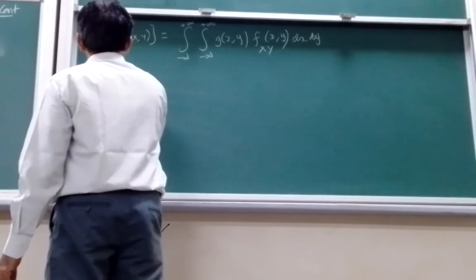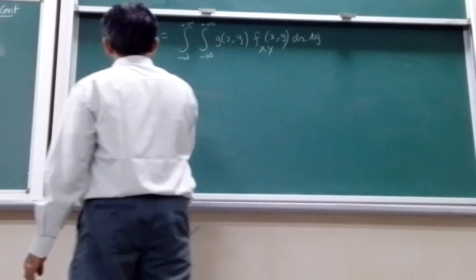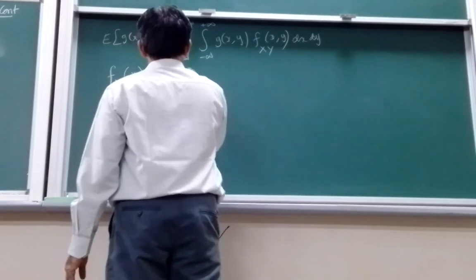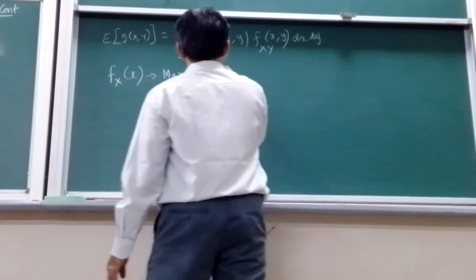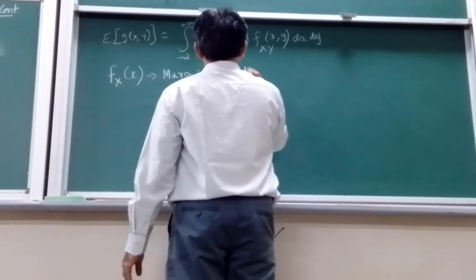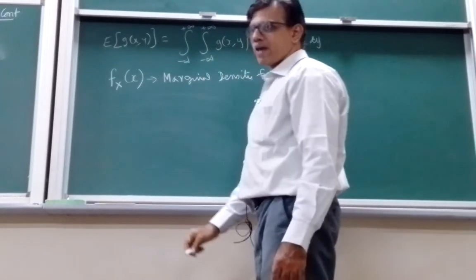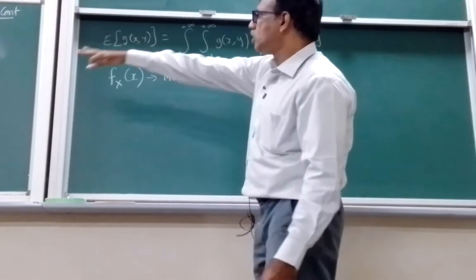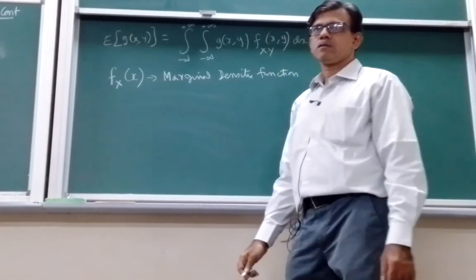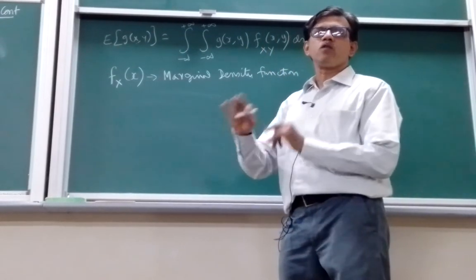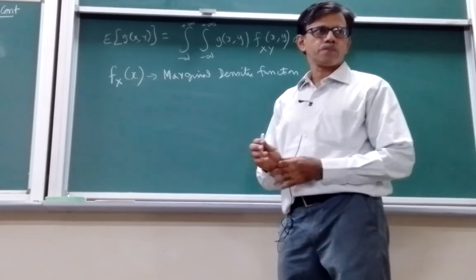Then the marginal density function of x, once you know the joint density function, can be found by integrating out the variables not of interest.